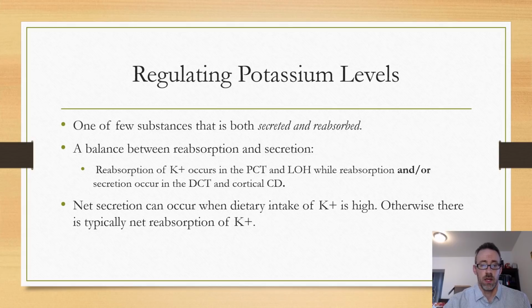Net secretion can occur when the dietary intake of potassium is high. So if we exceed the potassium levels that we need, we'll just excrete that. The potassium levels will become high intracellularly, and we'll secrete that and ultimately excrete it into the urine. Otherwise, if dietary potassium levels are low, we'll typically reabsorb the potassium to maintain our concentrations.